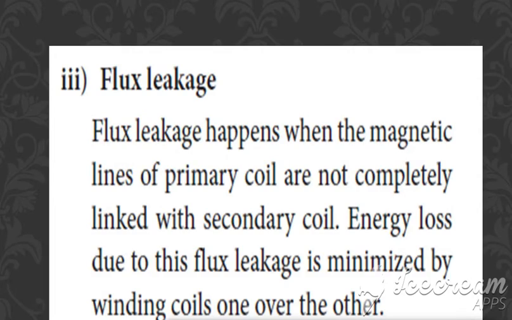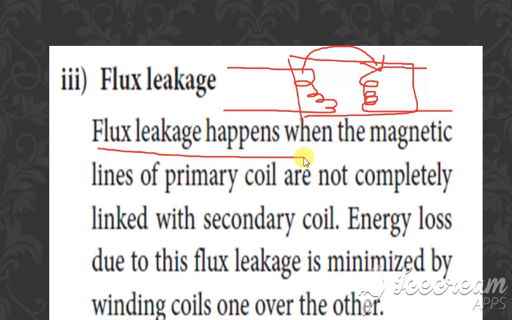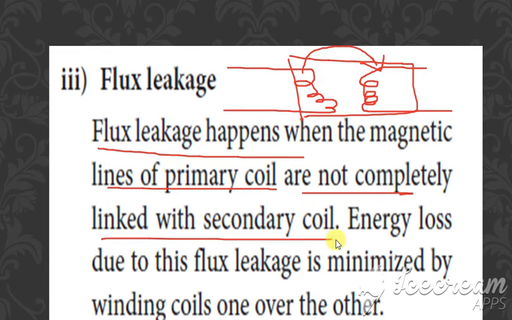Clear? Then the last one we are going to see is the flux leakage. As we saw at the start, there is a primary coil and a secondary coil, and flux goes from the primary to the secondary. But when the magnetic lines of the primary coil are not completely linked with the secondary, then flux leakage happens.